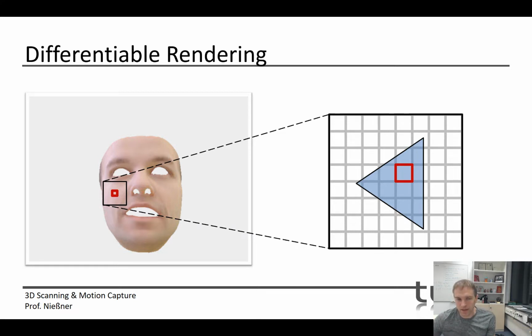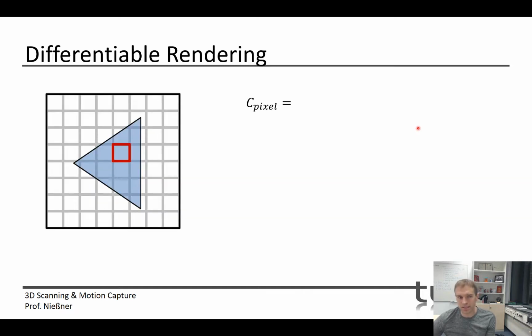Afterwards, the graphics pipeline now has to figure out a way to assign a color to this pixel here. And this pixel color here is dependent on the original triangle. To be more precise, once the rasterizer figures out which pixel is covered by the triangle, it checks which vertices were involved in this triangle to begin with. So we have here three points P. These are the vertices of the original mesh that we used.